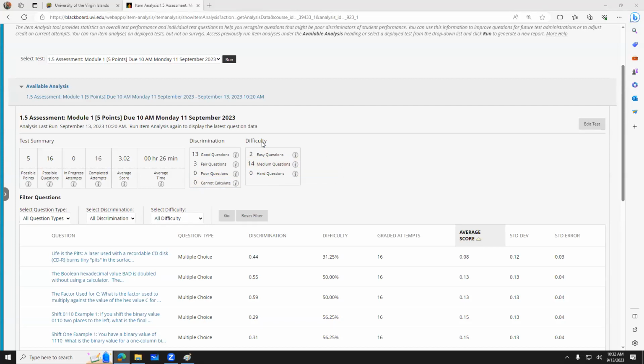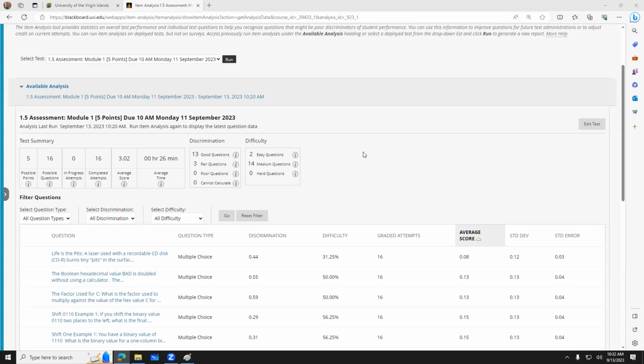It's this difficulty criteria that is actually more of interest for me as an instructor, because we don't want too many easy questions. We don't want too many hard questions. We want a mix. So it's okay if we have them spread across the board. We have a few easy, a few hard, a few medium, but it's really more of a desire to be moderate in our difficulty, right?